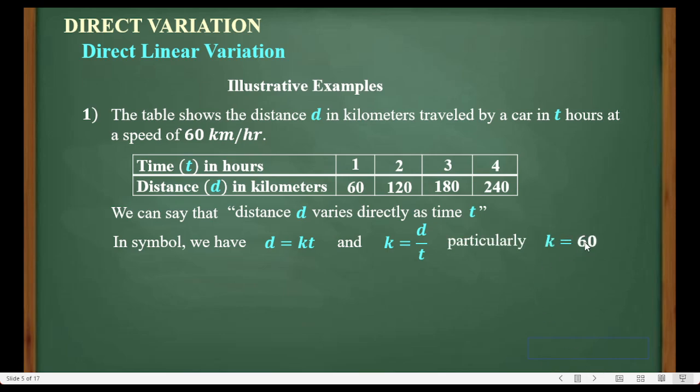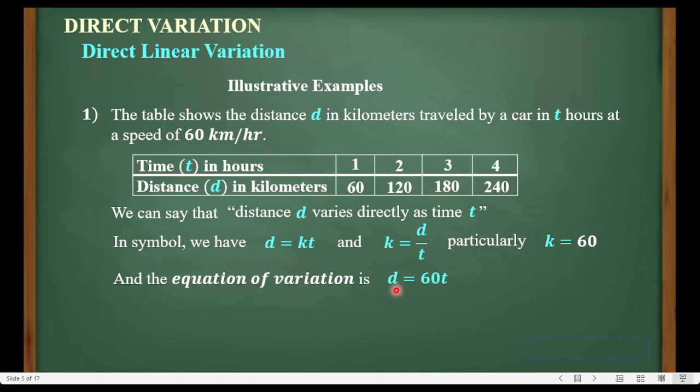Particularly, the value of k is 60 kilometers, which is the rate or the speed of the car. And the equation of variation is what? d is equal to 60 times t.